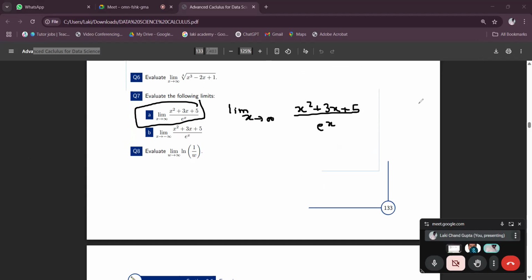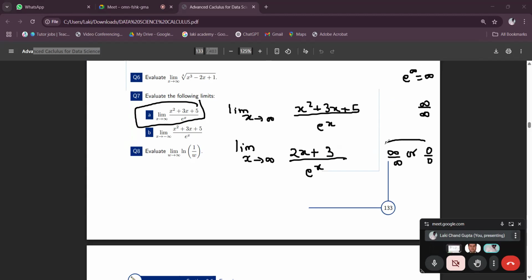When you put infinity directly, you will get infinity upon infinity, right? Whenever you get infinity upon infinity, what will you do? Just do differentiation, hospital rule. Whether you get infinity over infinity or 0 over 0, always use hospital rule.